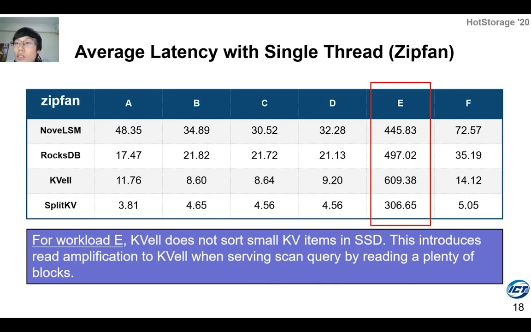Thus, KVell suffers from the highest latency. NoveLSM and RocksDB perform better than KVell as they sort all key value items in SSD. SplitKV doesn't sort larger key value items in SSD, which reduces CPU overhead. Meanwhile, SplitKV flushes sorted smaller key value items into SSD, which helps to accelerate scan performance.